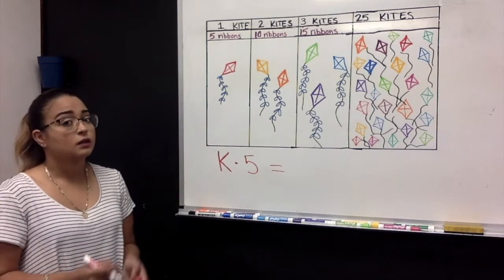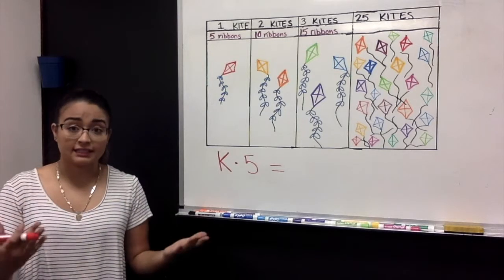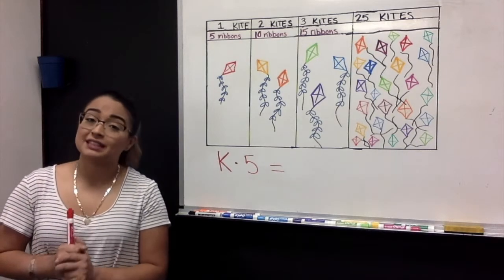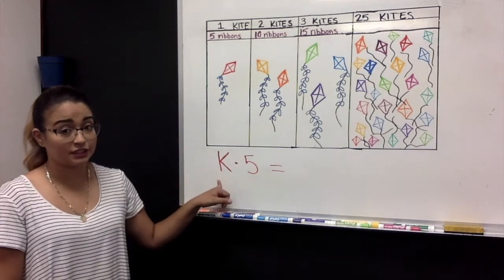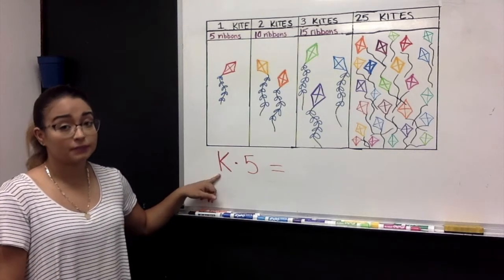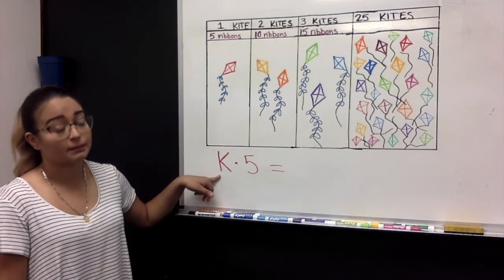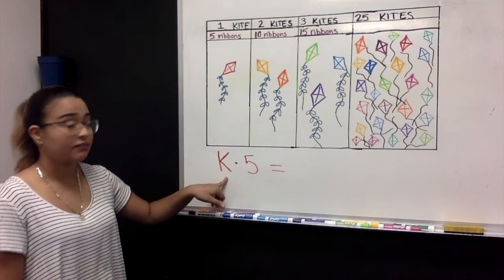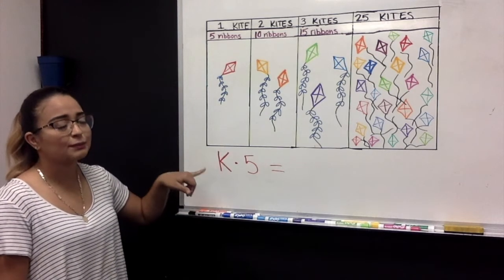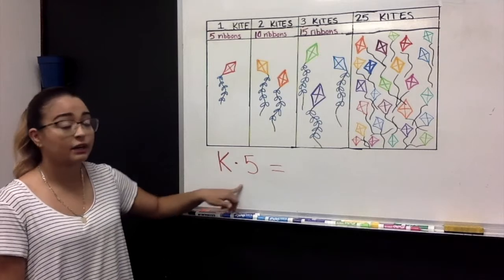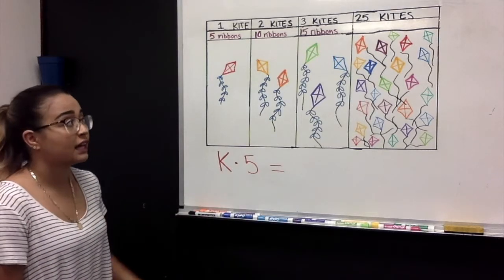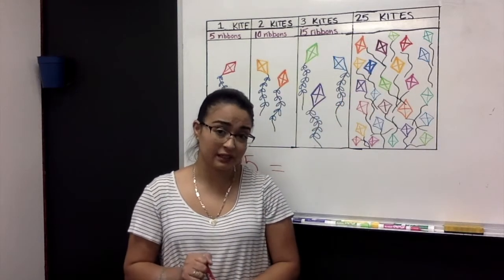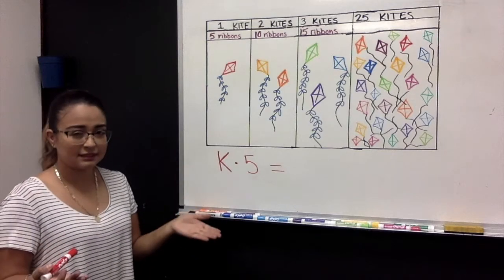So K is going to be our variable for kites. If I ask you how many ribbons 25 kites need, you could still use this equation because you're just going to replace the value of K with the value that I'm asking you for, which in this case is 25. So you're going to replace K with 25, plug it in here, and work out the math. It's going to give you the answer as to how many ribbons you need on 25 kites. Okay? Does that make sense?